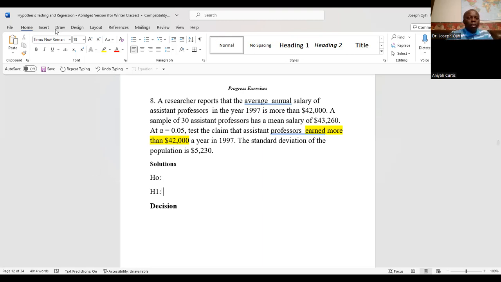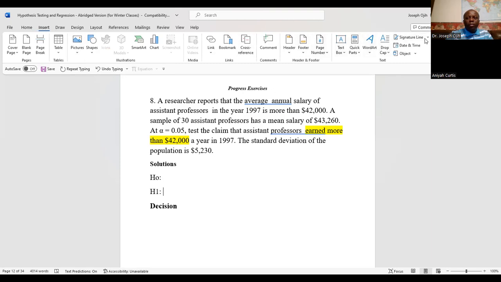So we're going to use mean equal to $42,000. This is the claim.